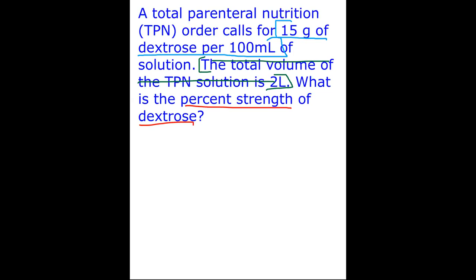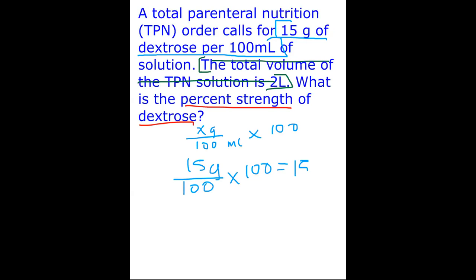So what is the percent strength? So remember the percent strength is X grams over 100 milliliters times 100. So 15 grams over 100 times 100 will give us 15%.